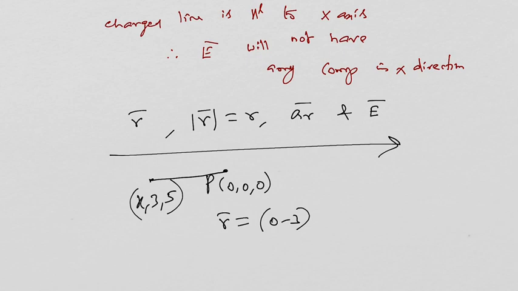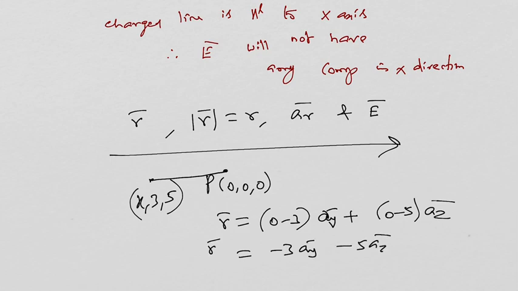So AX component will not be present, cannot be included for the calculations as per the derivation. So we simply consider the AY component and AZ component alone. So this is minus 3AY minus 5AZ. Look at the computation. So what is magnitude of R? This is square root of 3 squared plus 5 squared, which is equal to root 34.